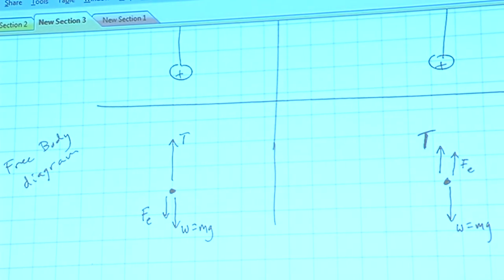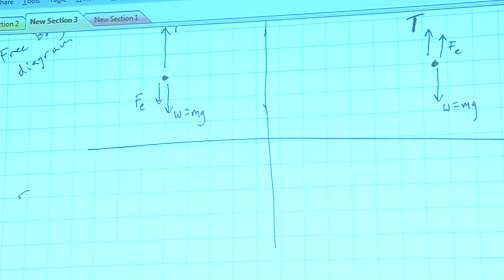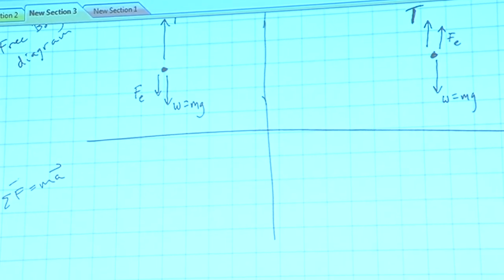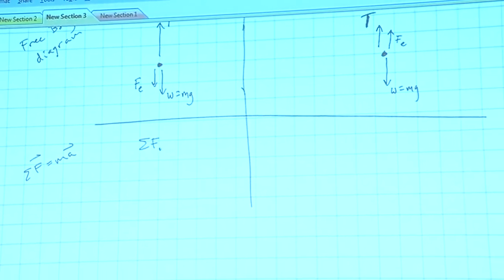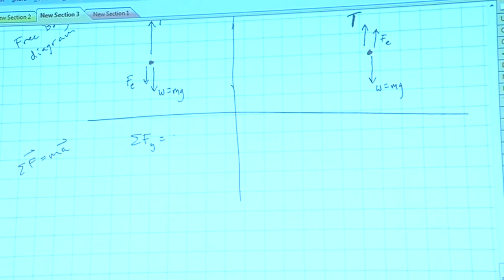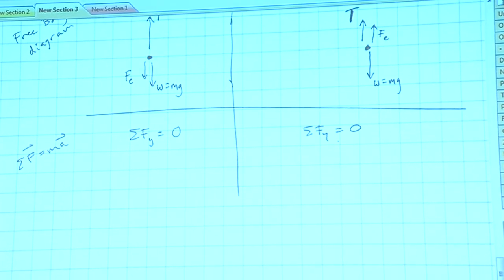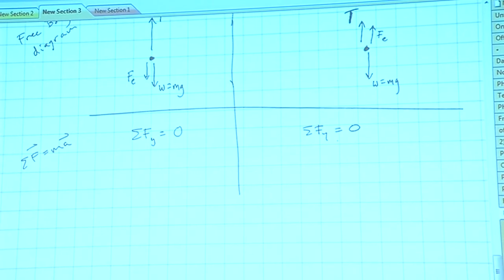Apply Newton's second law. So what do we say? We say the sum of the forces has to be 0 because this thing's not moving. It's in equilibrium. It's not moving, so we know the acceleration is 0.